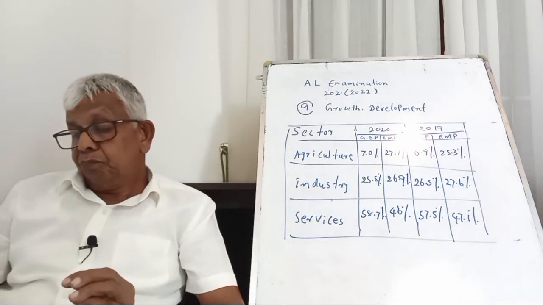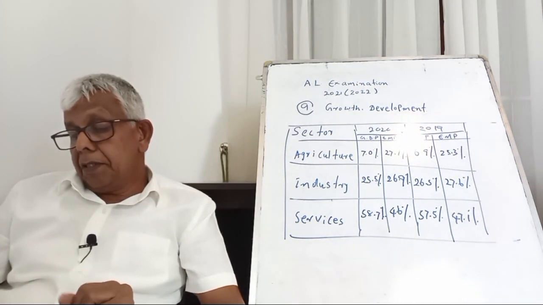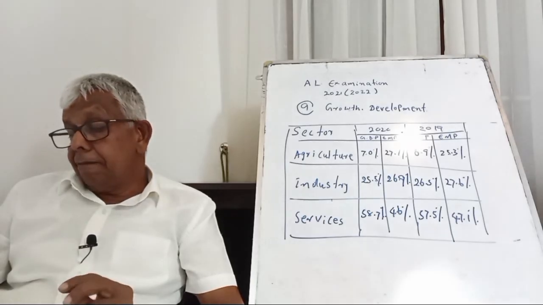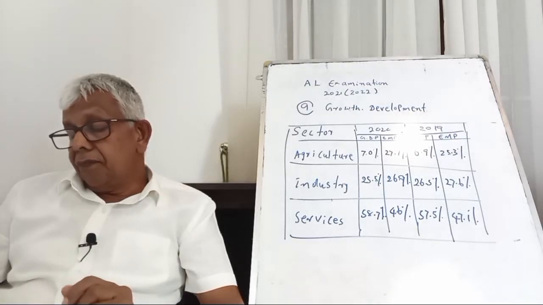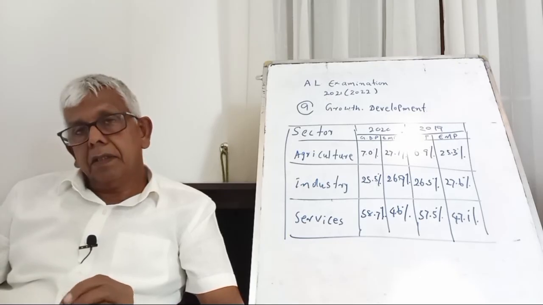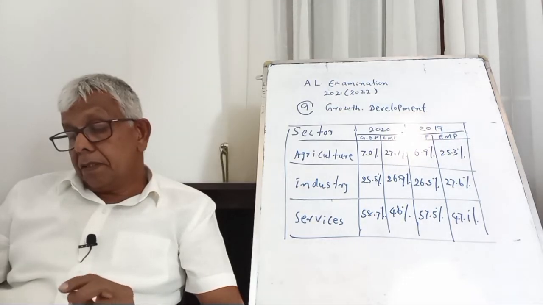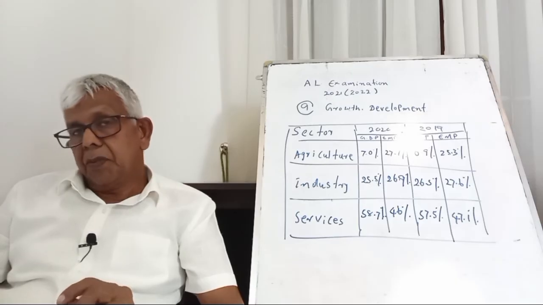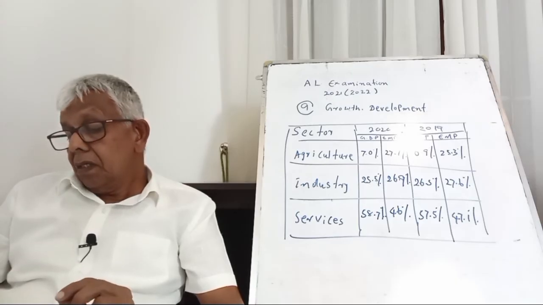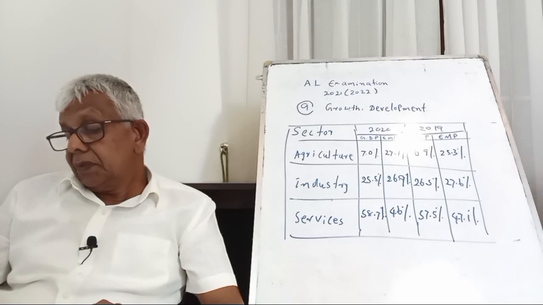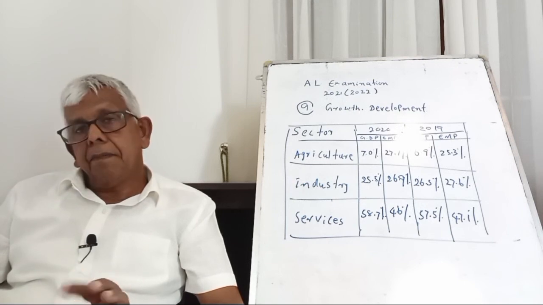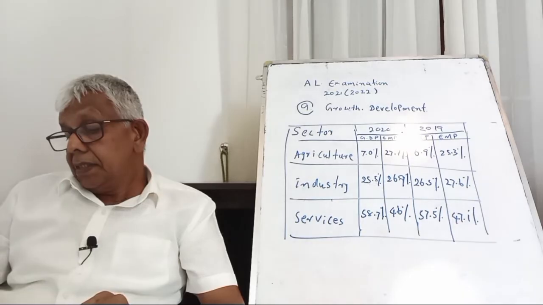Global competitiveness index 2019: 84 from 141 countries. Corruption perceptions index 2020: 94 from 180 countries.